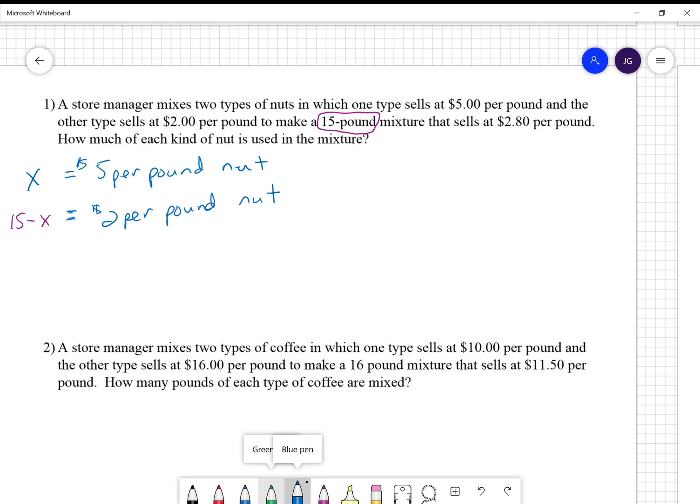All right, now my equation. My equation is going to be the number of pounds times its value. So it's 5x added to 2 times 15 minus x will equal the total value, which is the total mixture, 15, times 2.80.